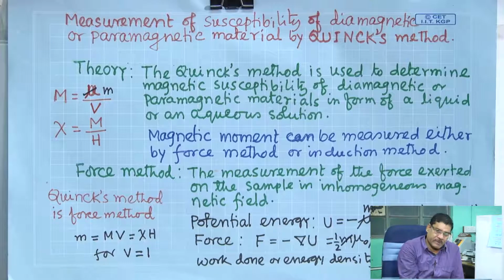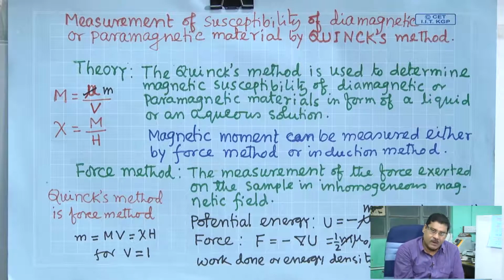When we are going to measure magnetization in the laboratory, there are two ways. I will change the magnetization by applying the magnetic field. Now, for each field, what is the magnetization?